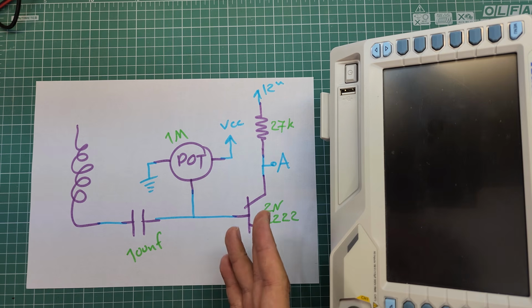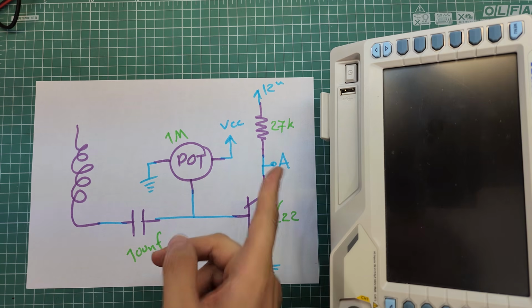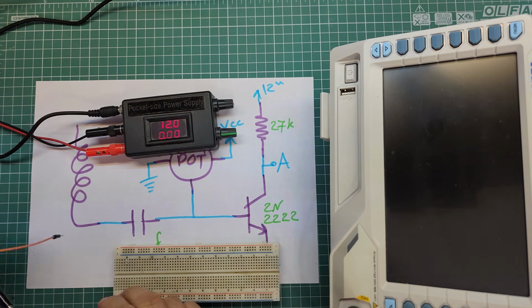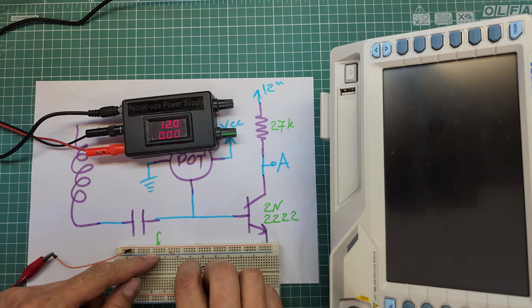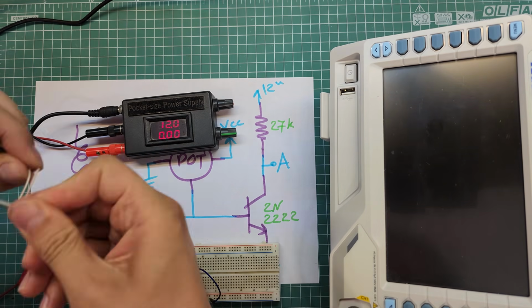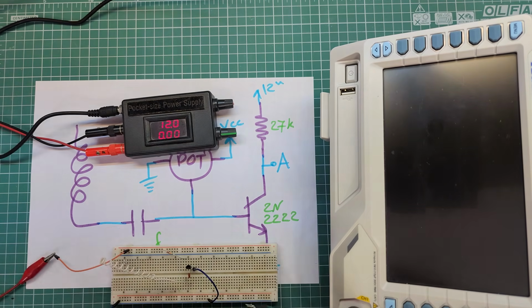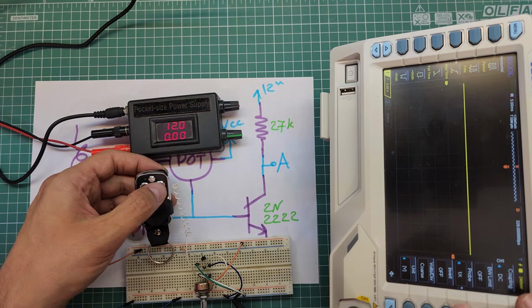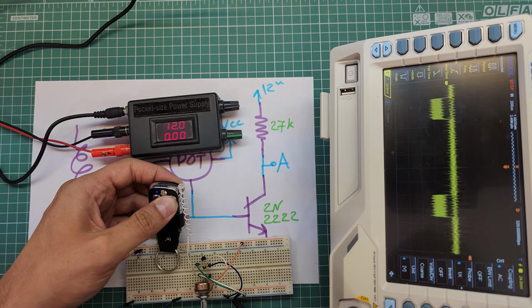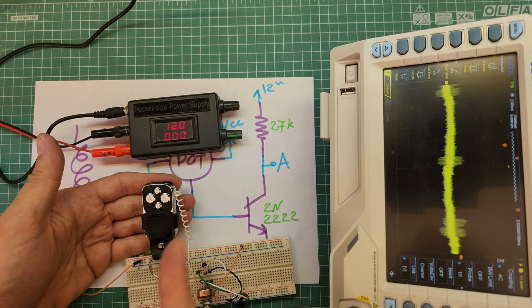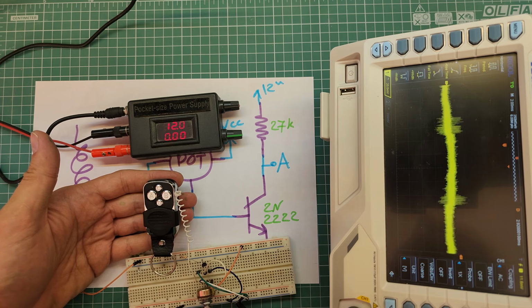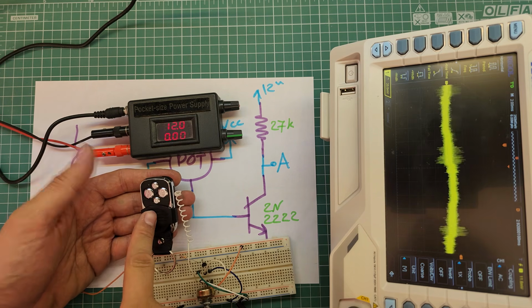I'm going to set up this circuit and probe point A using my oscilloscope. When I press a button, you can see the waveform transmitted by the remote controller.